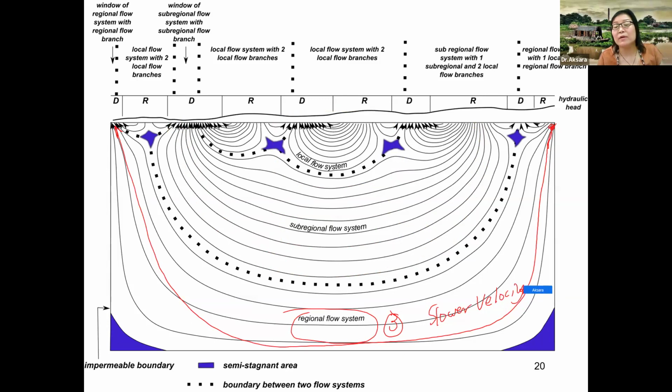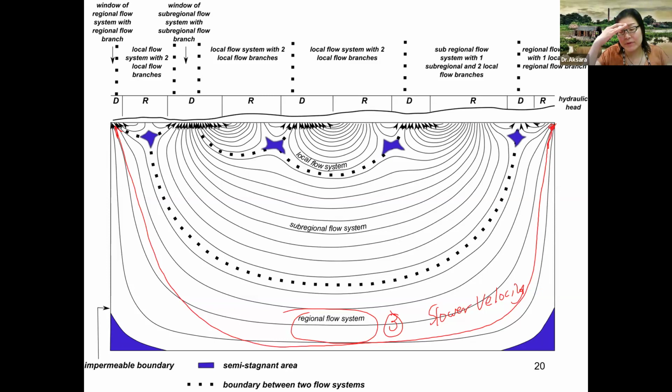So when we deal with groundwater, we deal with local flow systems, sub-regional flow systems, and regional flow systems. It depends on how you identify your study area.